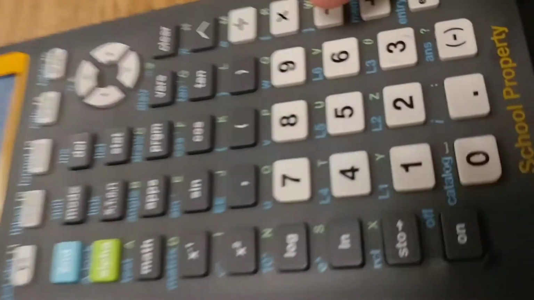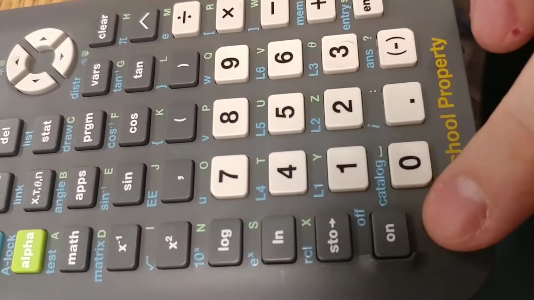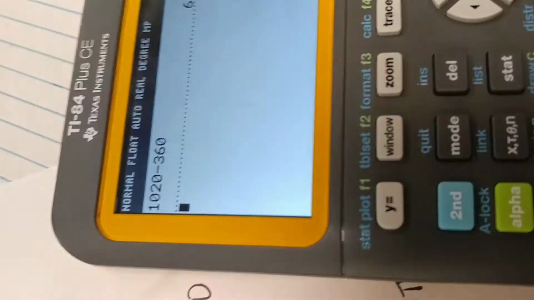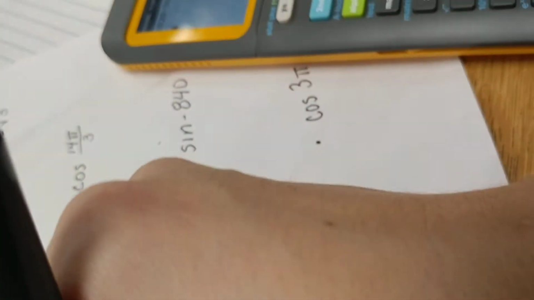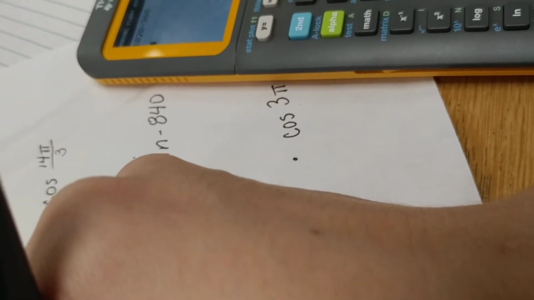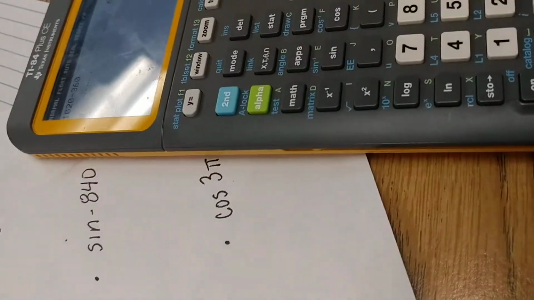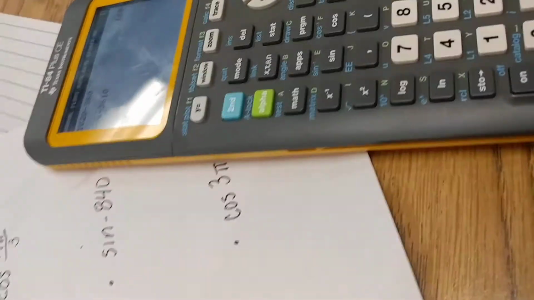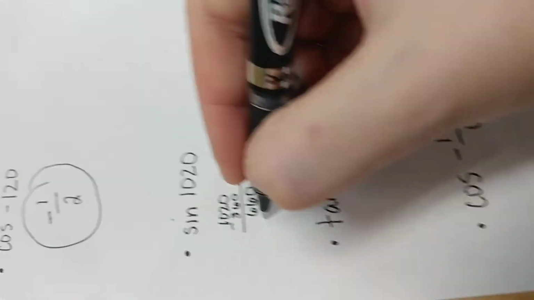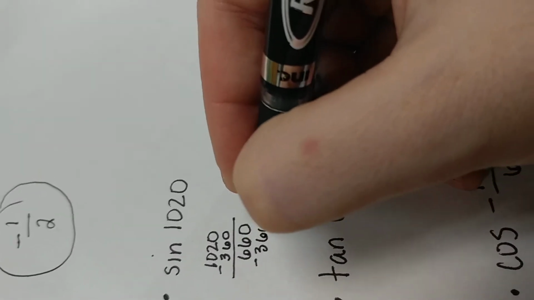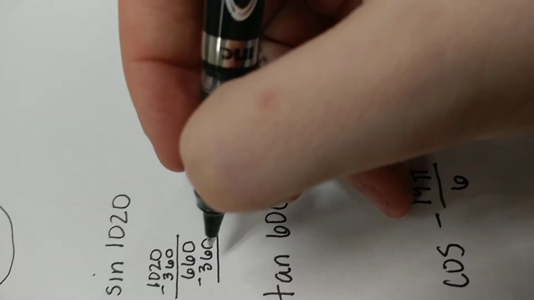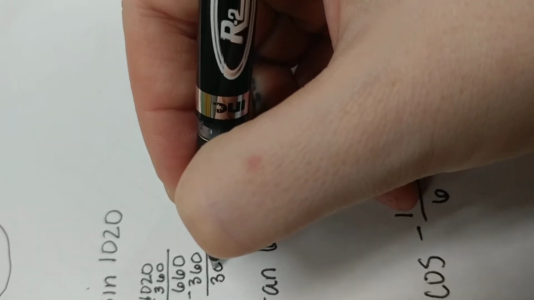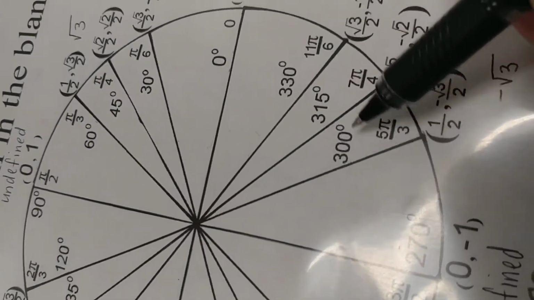So you put in your calculator 1020 minus 360, we get 660 degrees. Still not on the circle. So we're going to take away another full circle, 360 degrees. Again, you're going to keep subtracting a circle until you find an answer that is on the unit circle. Now we get 300. 300 is most definitely on the unit circle.